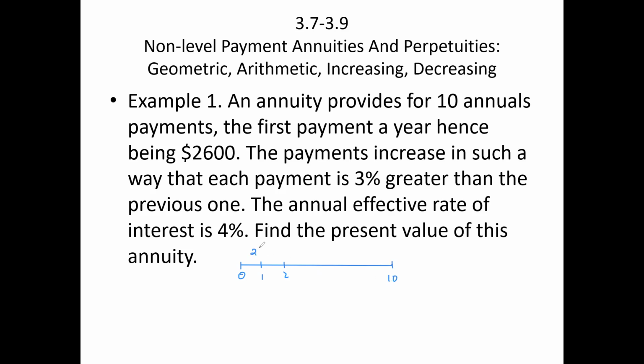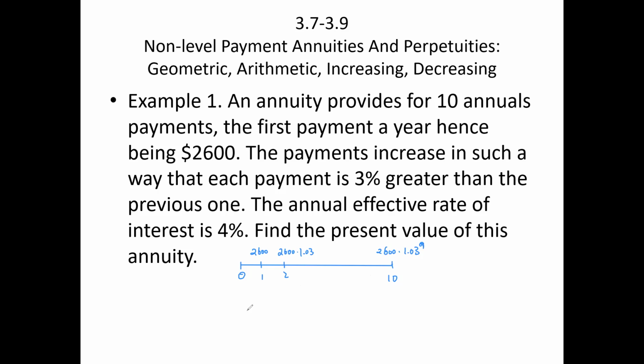The first one is $2,600, and then 2,600 times 1.03, and then 2,600 times 1.03 to the ninth. Sometimes I directly work on the cash flow and use the sum of the geometric progression. But here it's a very standard setting.